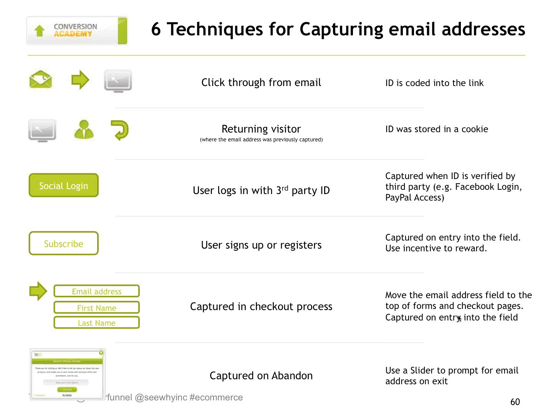Obviously, if they're a returning visitor, they're clicking through from an email. That's an obvious one, or from a cookie. If they log in, either using a registration page or subscribe or social login button. But the other one, which is kind of very obvious, is where are you capturing the email address in the checkout process? And in general, the advice is you should move it up.